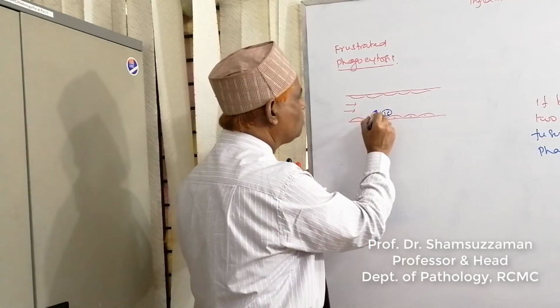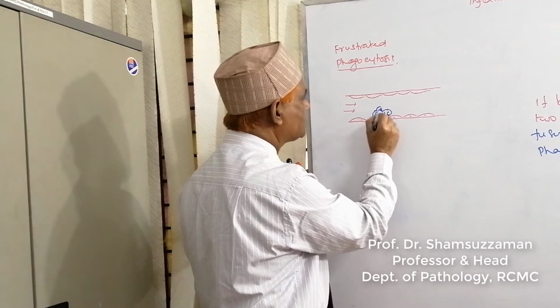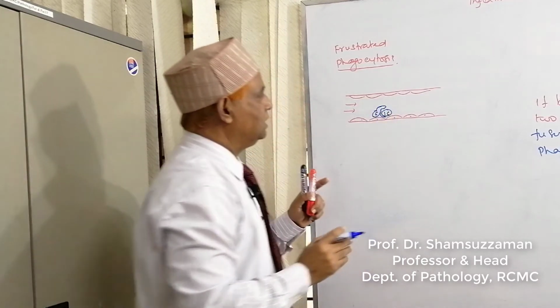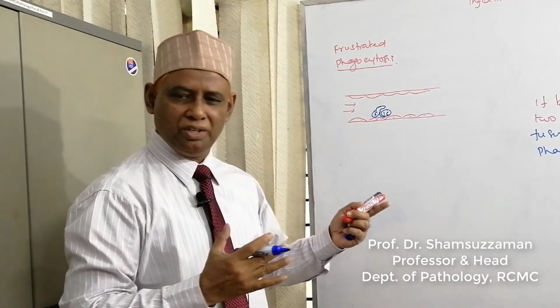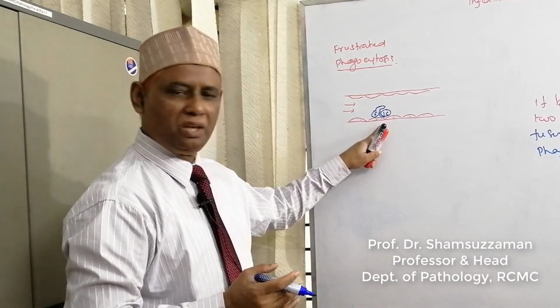Although the neutrophil produces pseudopodia like this, it cannot completely engulf the IC because of the smoothness of the endothelium.